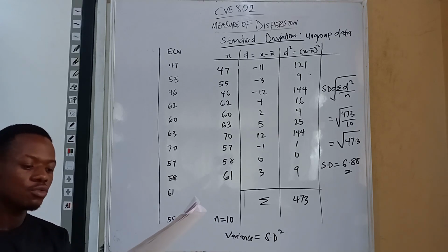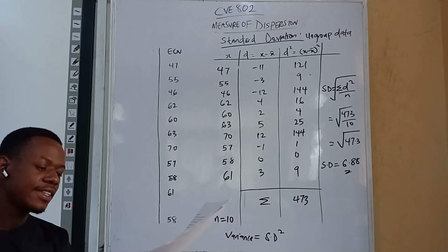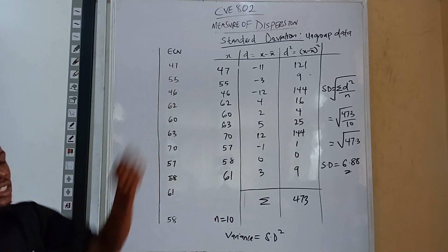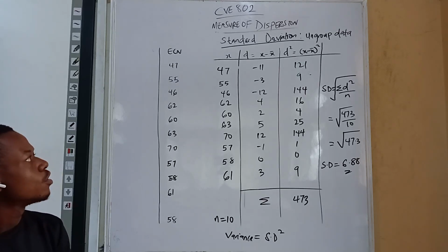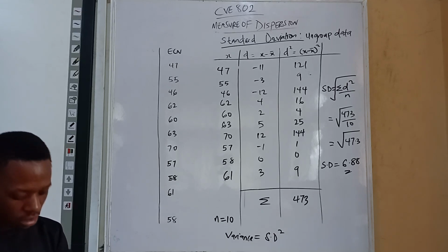The first thing is to calculate the mean. Then the second is to calculate the deviation from the mean, which is d, equal to the variable minus the mean for each of the variables.